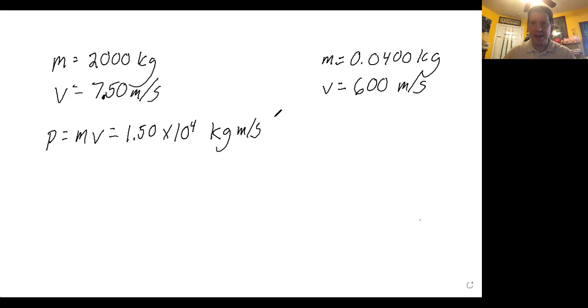And so you do that calculation and you get the momentum is equal to 24.0. It's three significant figures. 24.0. And again, kilogram meters per second.